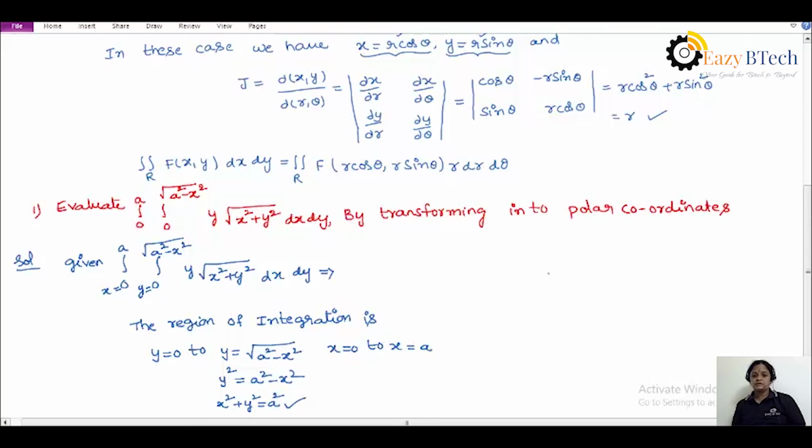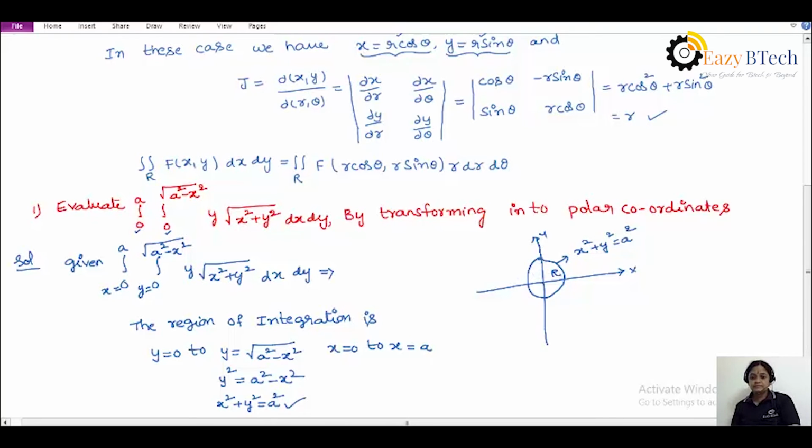So now I am drawing the corresponding diagram using the given limits of x and y. Then x square plus y square is equal to a square is a circle equation which is symmetrical about the axes. Okay, this is x square plus y square is equal to a square. In the given question, both lower limits are 0 here. That means the required region is in the first quadrant only. Okay students.